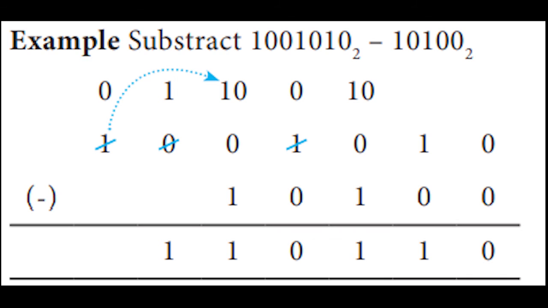So 10 minus 1 is 1. Right? And the next place, 0 minus 0. The next one, 10 minus 1, which is 1. Right? In the next place we have borrowed, so only 1 is there. So the answer is 1.